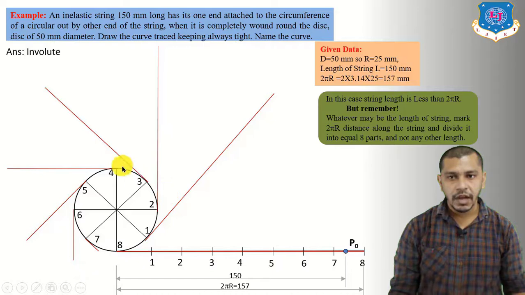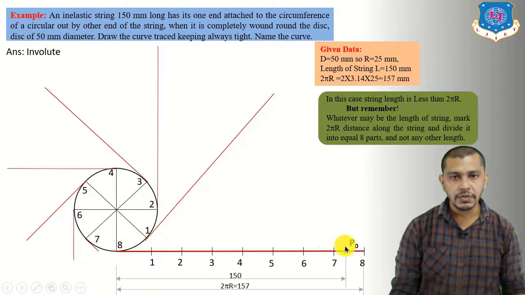Now after drawing the tangents, measure the 1 to P0 distance on the rounder, and by taking center at 1, mark the point P1 on this line. This length will be equal to 1 to P0, not 1 to 8.